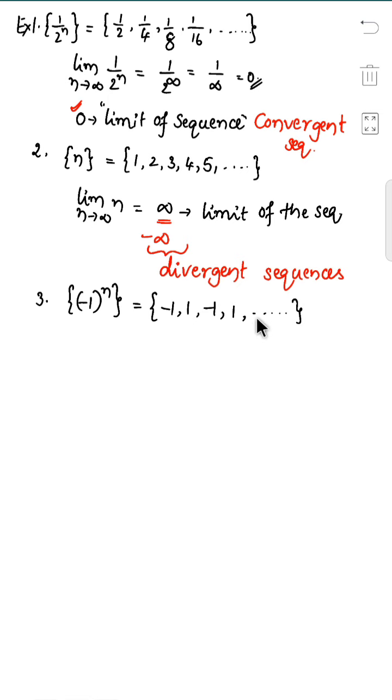You can keep going. You cannot define what the sequence is approaching. The sequence is neither approaching negative one nor positive one. If the nth term of this sequence is negative 1, the next term will be positive one. So you cannot say anything about it. We call such sequences oscillatory sequences.